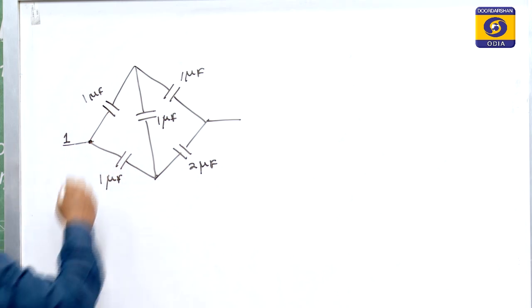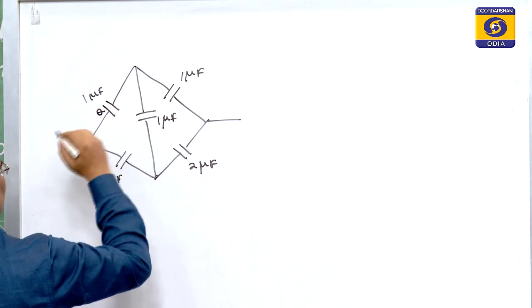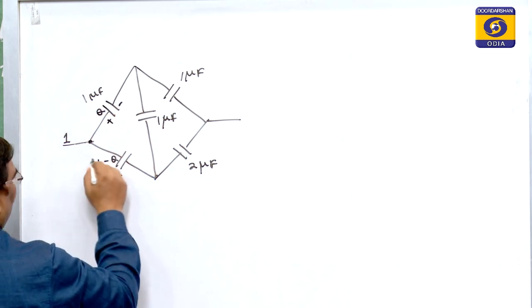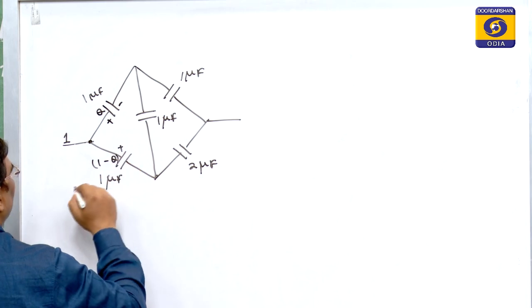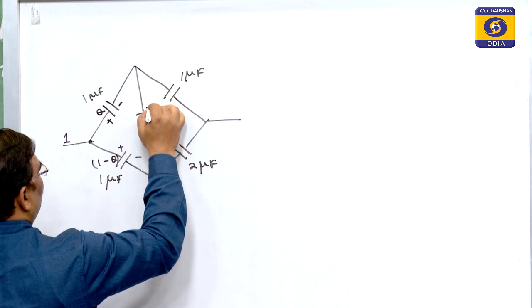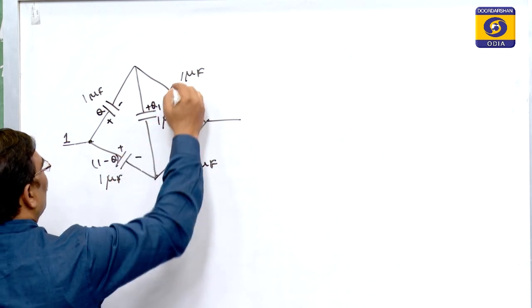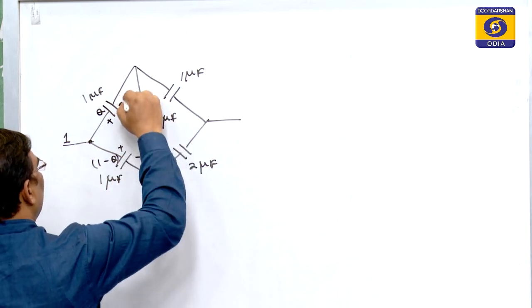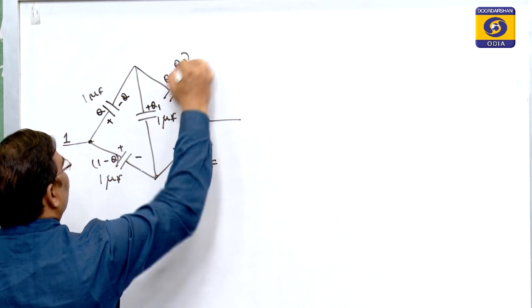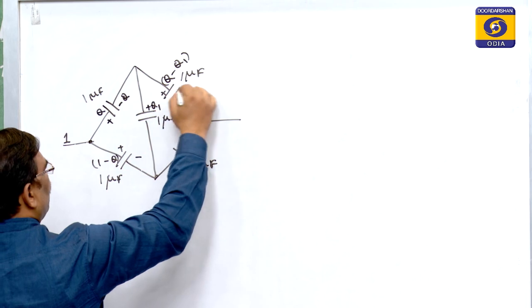to the network, and if Q is the amount of charge developed here, so this is 1 minus Q on this plate. So, this is plus, this is minus. Suppose this is plus Q1. So, this is minus Q. So, this is plus Q minus Q1 on this capacitor, plus minus.